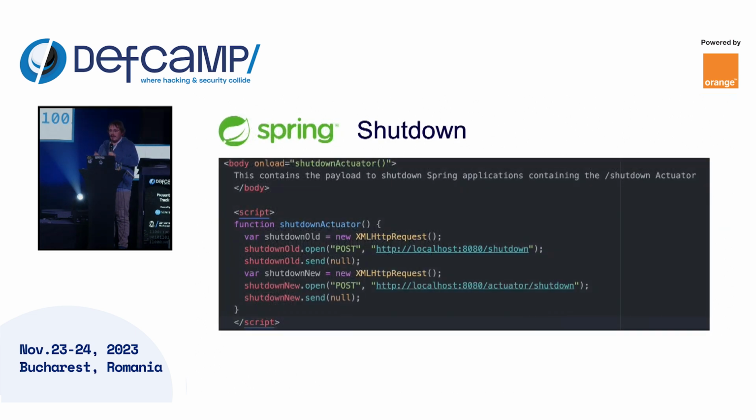The first one, shutdown, is fun to annoy a developer, but it doesn't really help you that much. The endpoint will be under /name of actuator, like /shutdown or /actuator/shutdown, so this payload checks both.